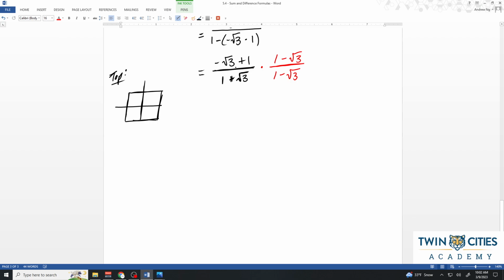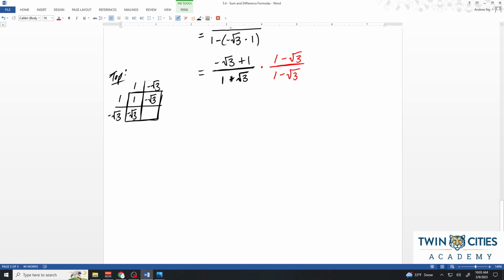So this will be negative square root of 3 plus 1. I could also write that as 1 minus square root of 3 to make that look a little nicer. And then 1 minus another square root of 3 here. So this will be 1 minus square root of 3 and then 1 minus square root of 3. Okay, so this will be 1, then negative square root of 3, negative square root of 3 here, then negative times a negative is going to be a positive.